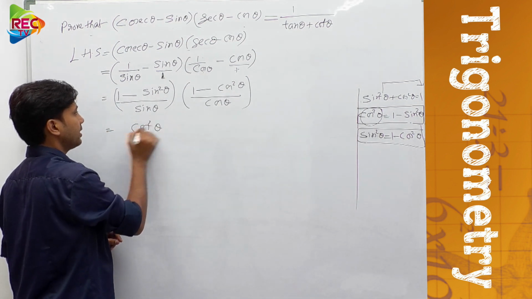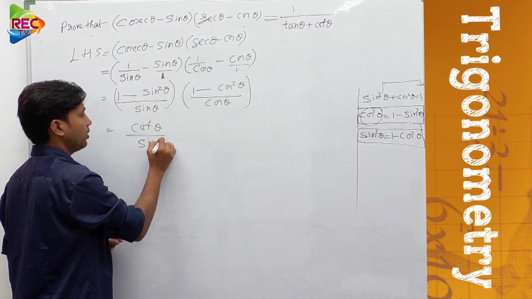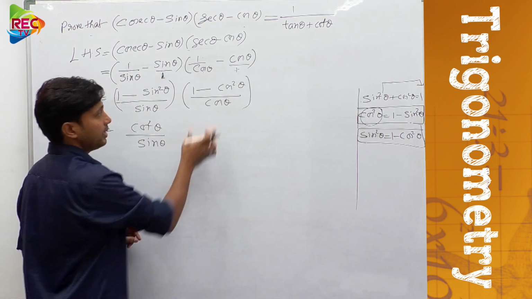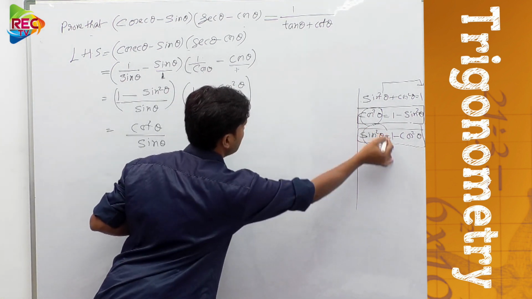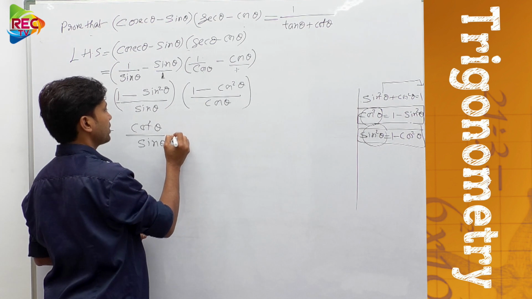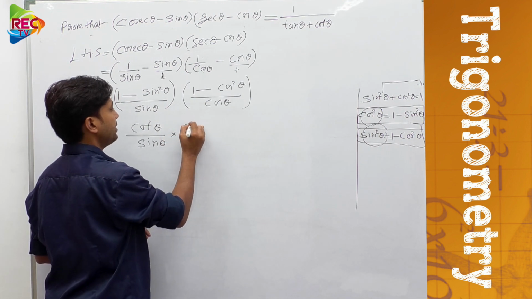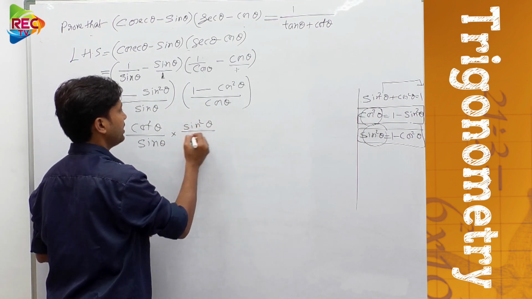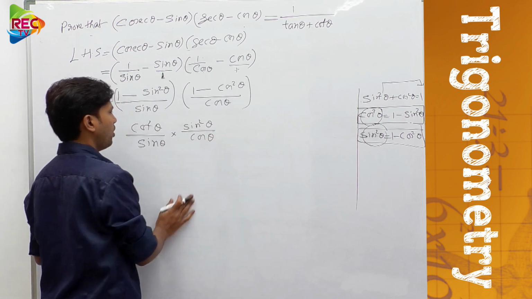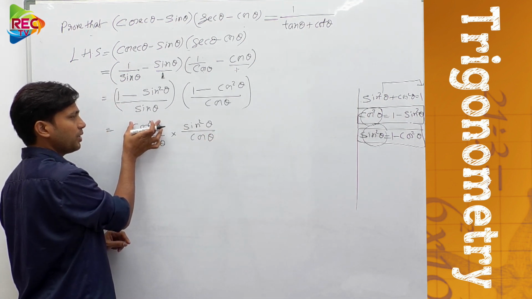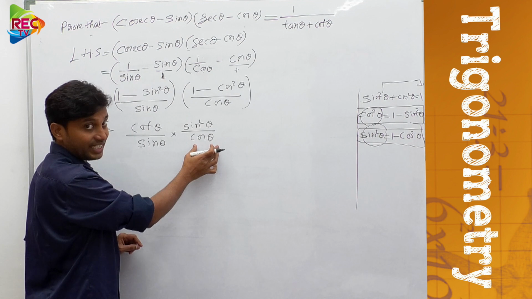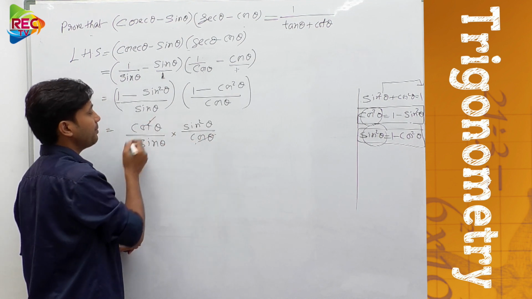Cos square theta by sin theta. Here 1 minus cos square theta can be replaced by sin square theta, so into sin square theta by cos theta. Obviously cos square theta is there in the numerator and cos theta is in the denominator, so one cos theta can be cancelled.